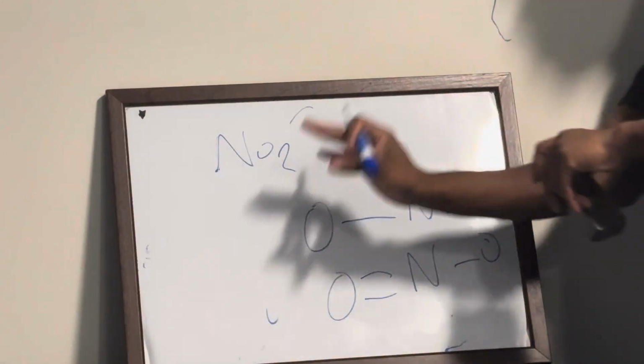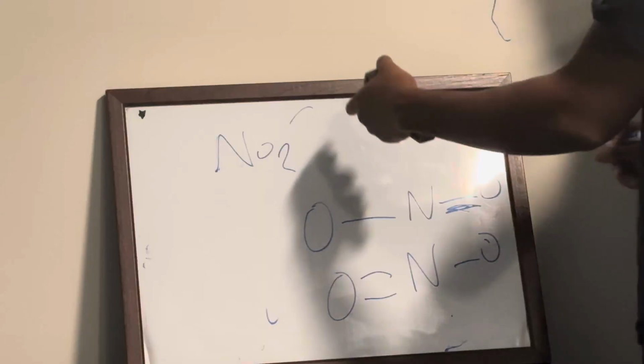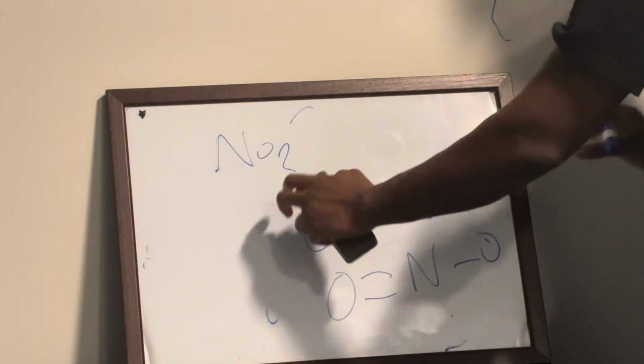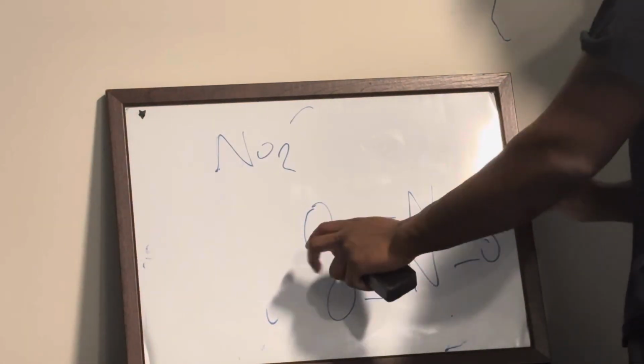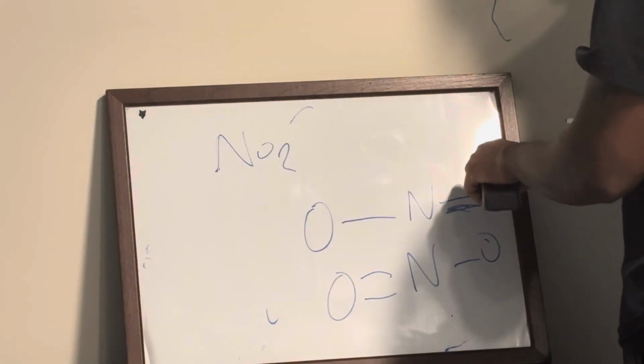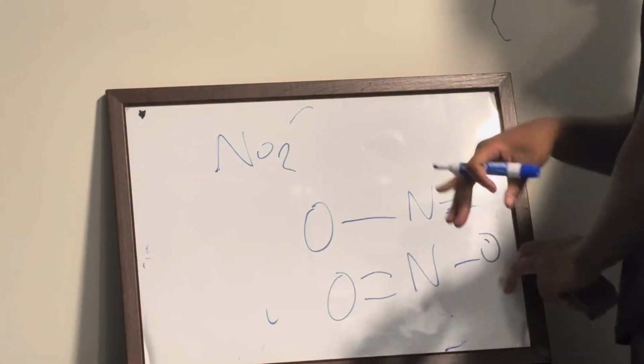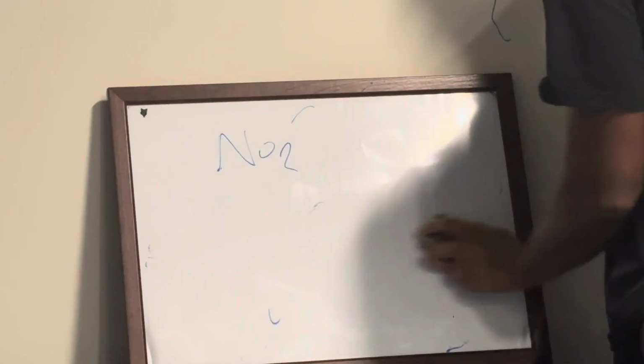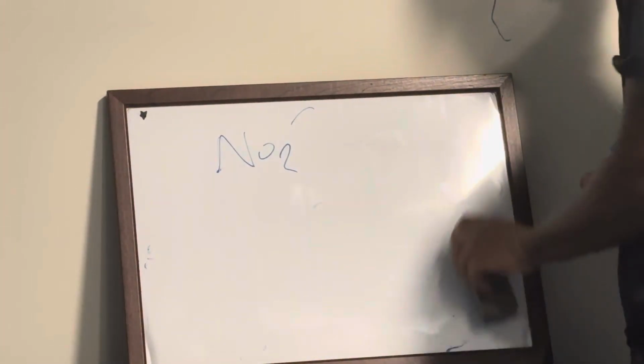It would just switch what side the formal charges are on. This had 0, this had -1. We flipped it. Now this has -1, this has 0. It's the same thing. Resonance structures, that's what that was.